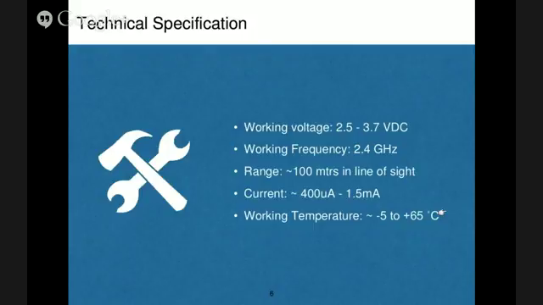This type of current requirement enables Bluetooth Low Energy to work for a year, or if you are very good at power customization and utility, you can even make it work for more than a year on just a single coin cell battery. The working temperature is the normal one we see for other chipsets too, that is -5 to +65 degrees centigrade.